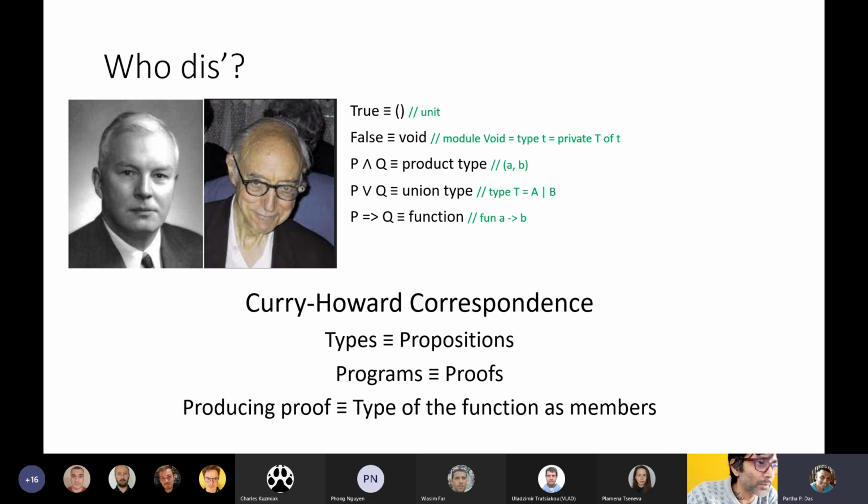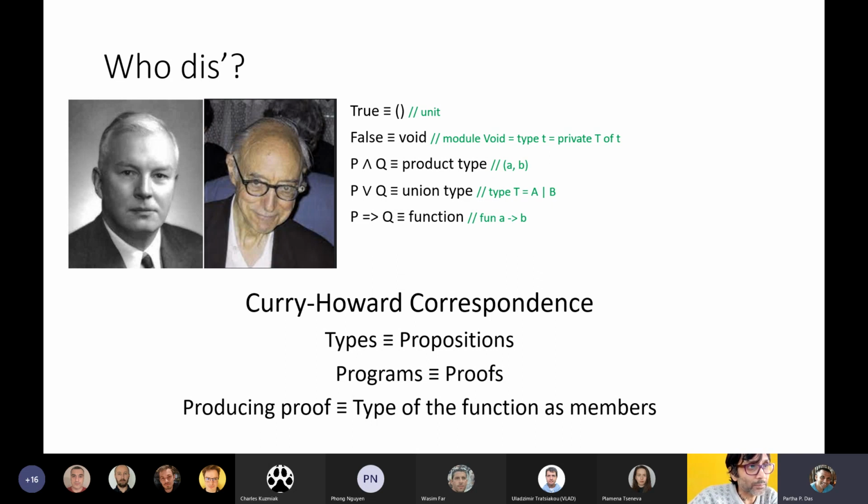It means that programs are equivalent to proofs, right? This is all theoretically proven, right? Producing a proof is the same as finding the type of the function, and that has at least one member.